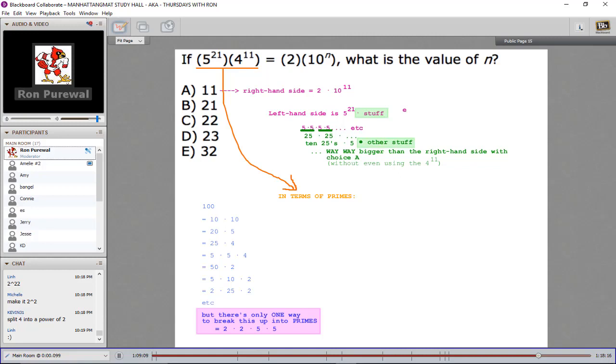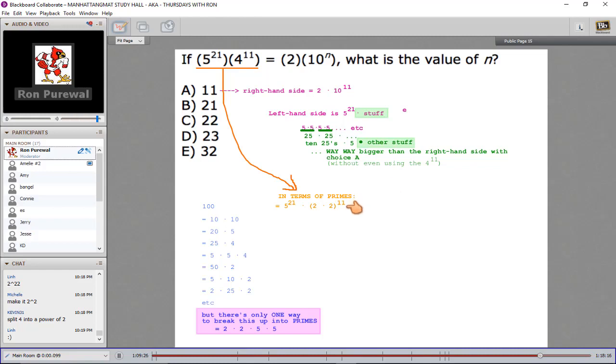How many? That's 4 to the 11th. So 4 is 2 times 2. So 5 to the 21 times that, 11th.